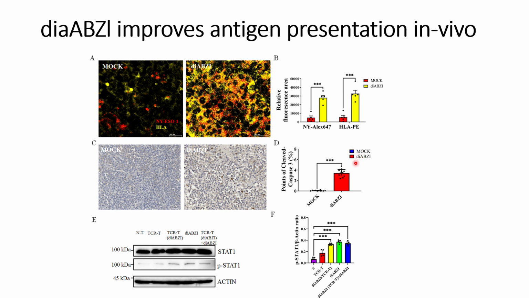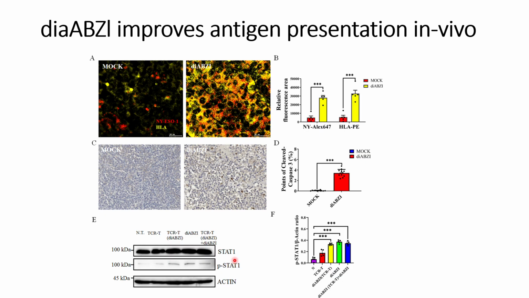tumor apoptosis. And thereafter, after validating that there is an increase in apoptosis in the DiaBZl treated mouse models, they wanted to check the reasons why there is an increase in apoptosis. When they checked the literature, they found that p-STAT1 helps in antigen presentation to the immune cells.